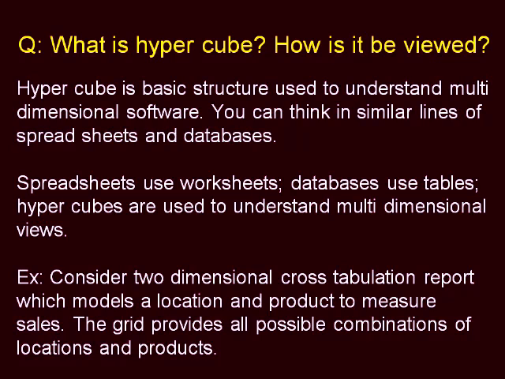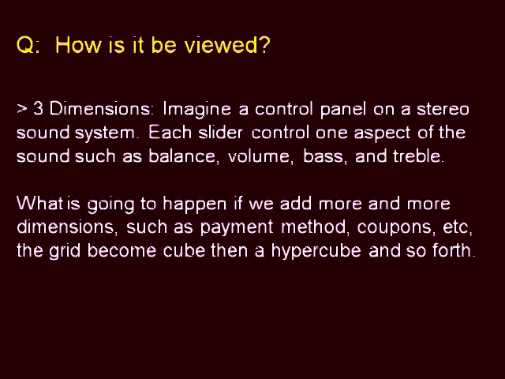In fact, you can view the hypercube in an abstract manner by understanding how the cube is built in one dimension, how the cube is viewed in two dimensions, and how the cube is viewed in three dimensions, etc. So now I explain step by step how it is viewed in each category of dimensions.